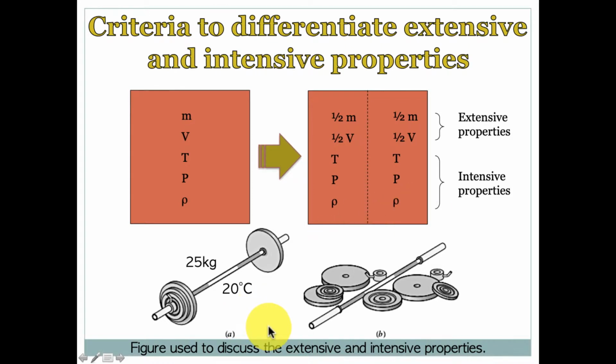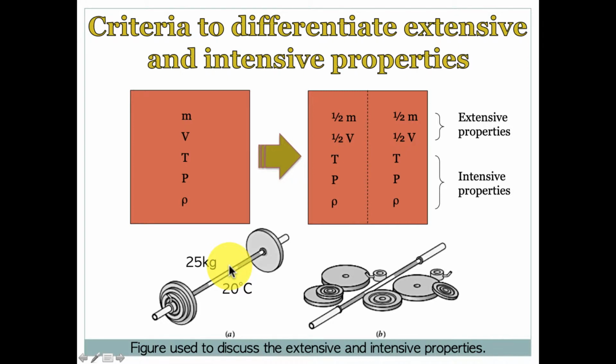As illustrated in this figure, we have an amount of matter. This matter is a barbell with the weight plates. The total weight of this barbell with the weight plates is 25 kilogram.